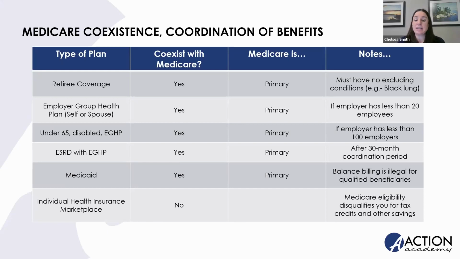So if there's less than 20 employees, then Medicare does pay primary. So if any of you are familiar with the rules regarding COBRA, same thing, that 20 employee mark is important here as well to determine who pays first. Otherwise, it's just kind of what's in the chart. And remember as well, if you are enrolled in Medicare, it is not possible for you to have a marketplace plan, so those can't interact with each other.